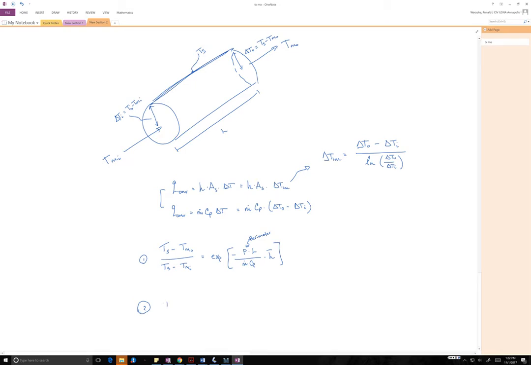So the surface temperature minus our mean temperature at any location x over the surface temperature minus our mean inlet temperature is equal to the exponent of negative perimeter times x over mass flow rate times heat capacity, times our average convection coefficient.